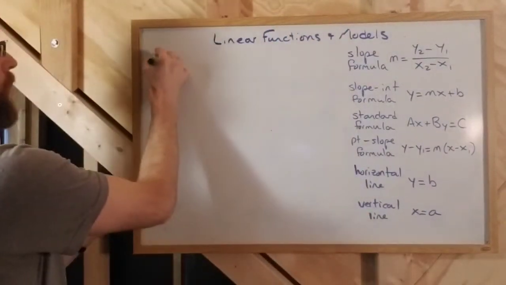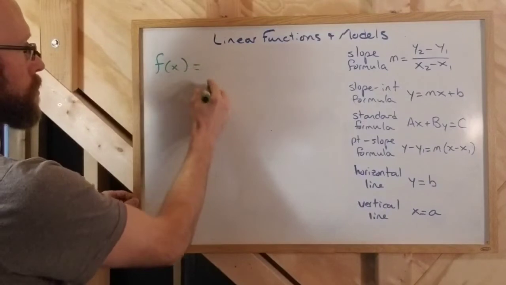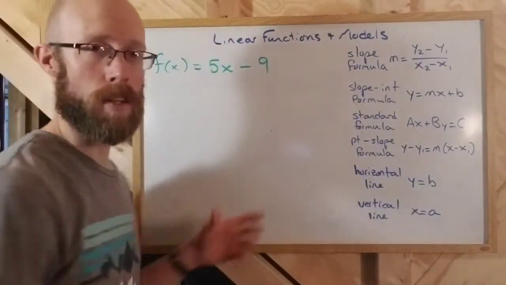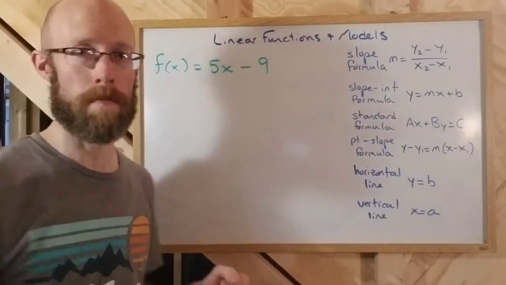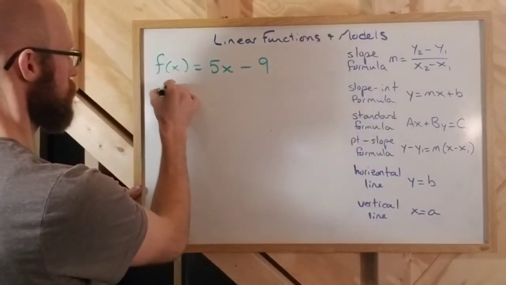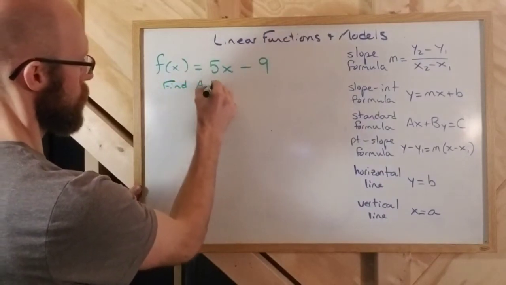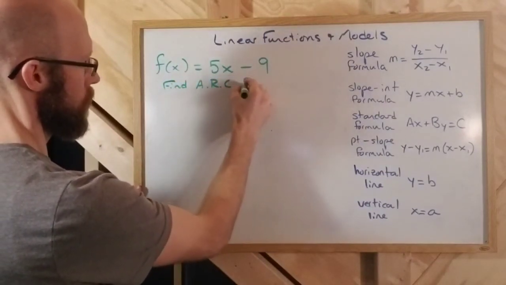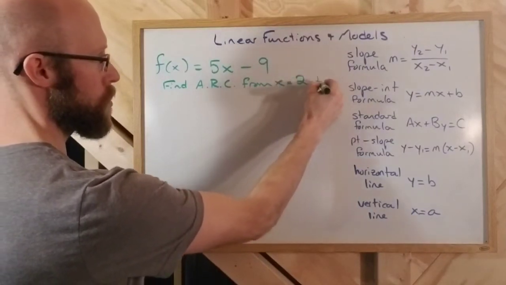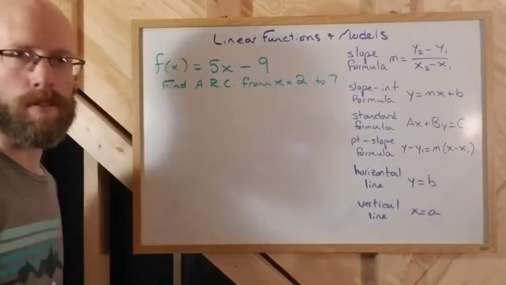Let's take a linear function, let's say 5x minus 9. That's a linear function in slope-intercept form. Let's find the average rate of change from x equals 2 to 7. We'll just throw a couple numbers in there.